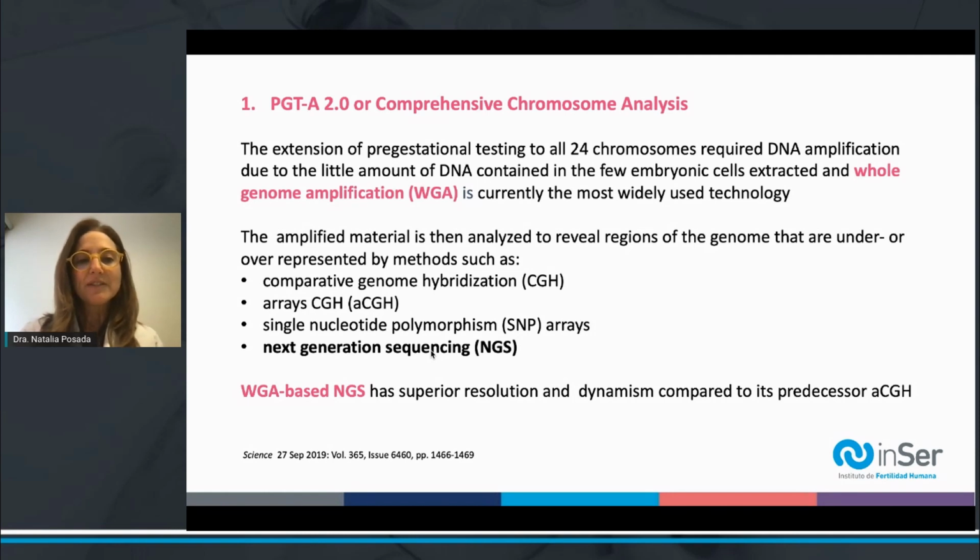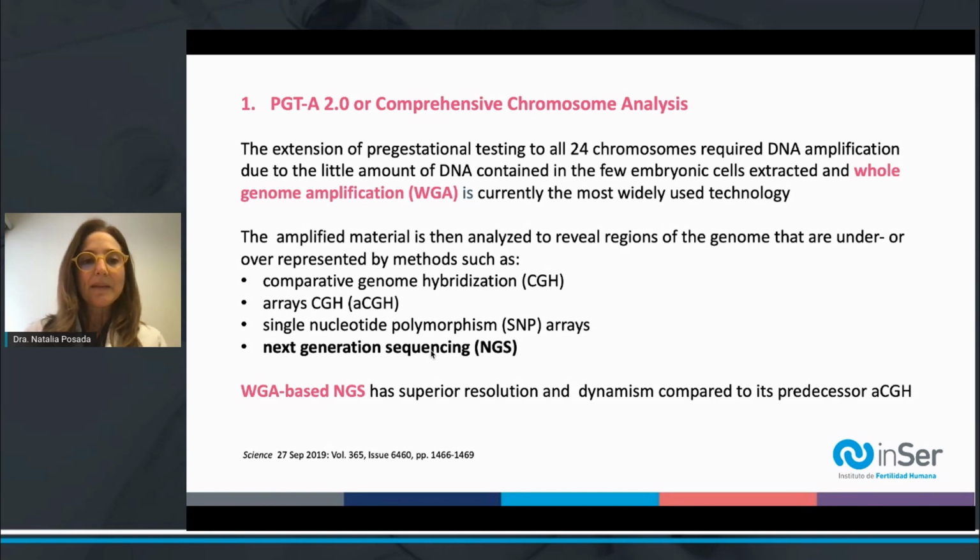This amplified material is then analyzed to reveal the regions of the genome that are under or over represented by methods such as comparative genome hybridization, or CGH, or CGH by arrays, or single nucleotide polymorphism arrays, and lately next generation sequencing, or NGS.